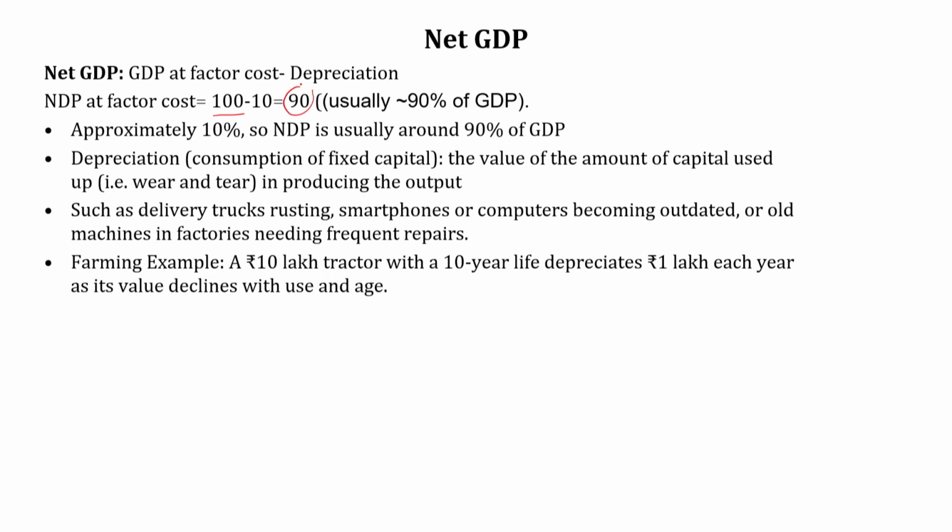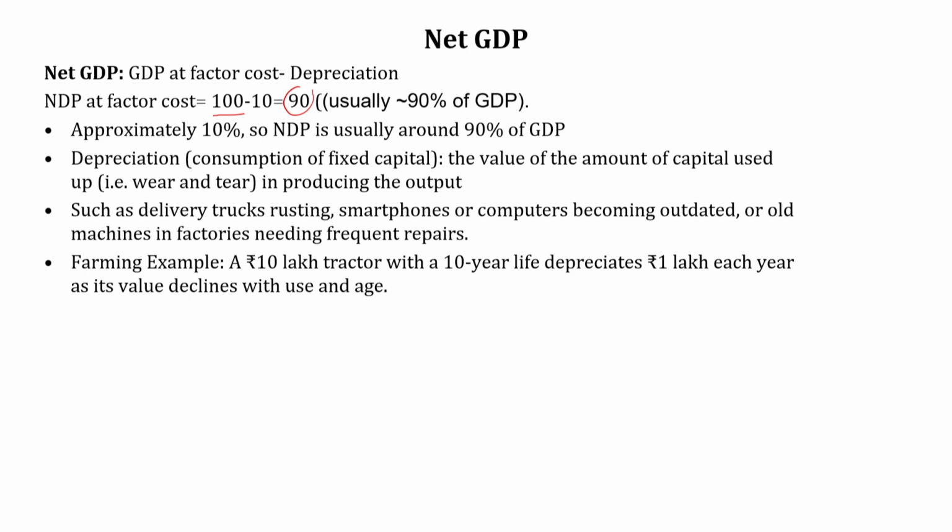Normally, on average in India, when you go through India's GDP figures, you can see that approximately 10% is the depreciation value normally accounted. So NDP is usually around 90% of the GDP at factor cost.